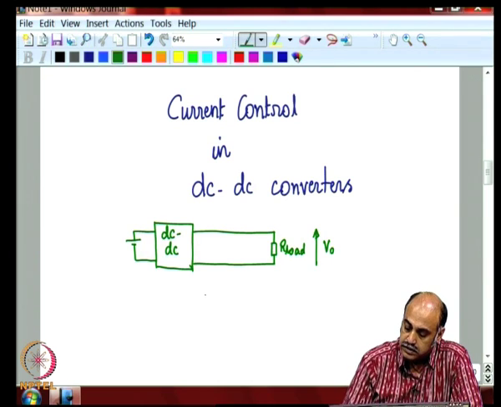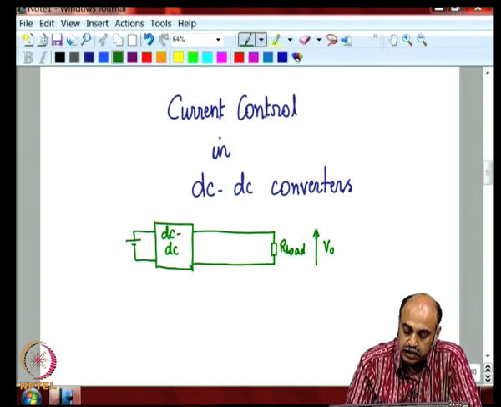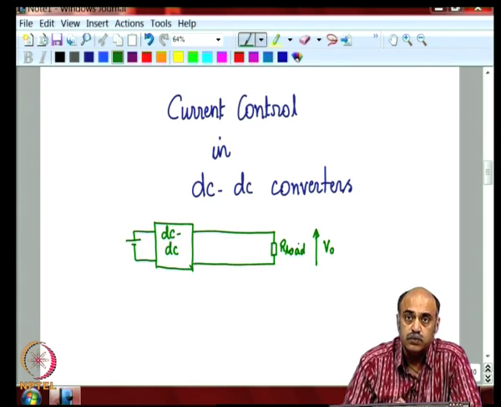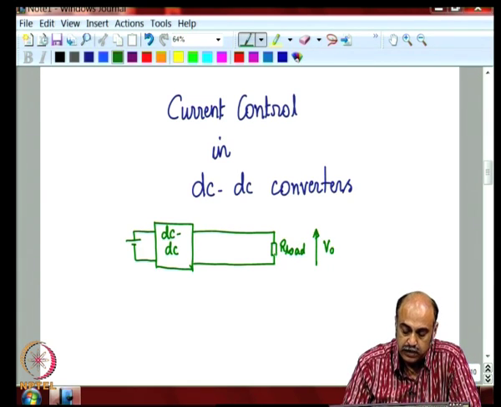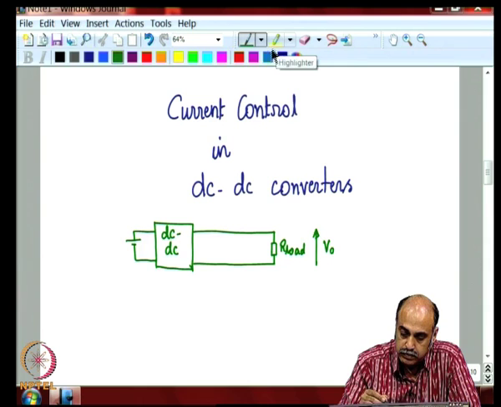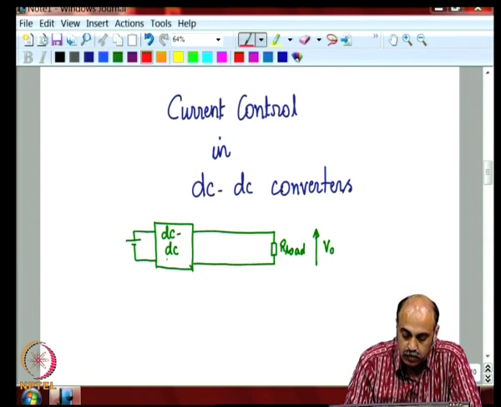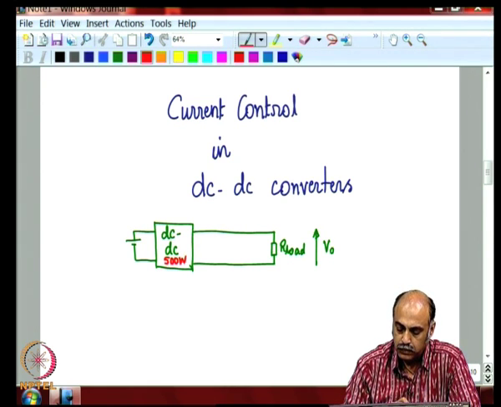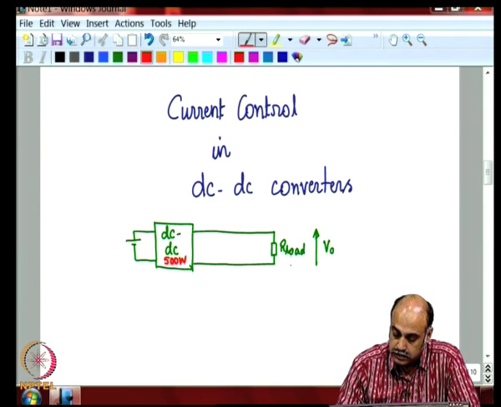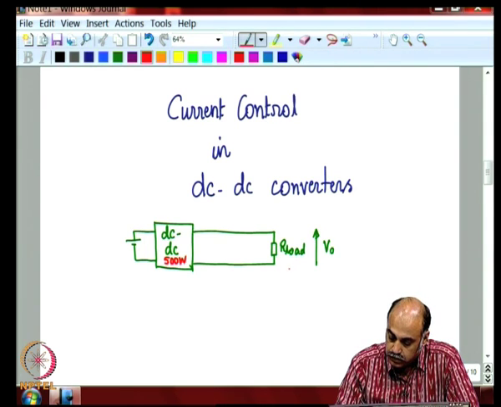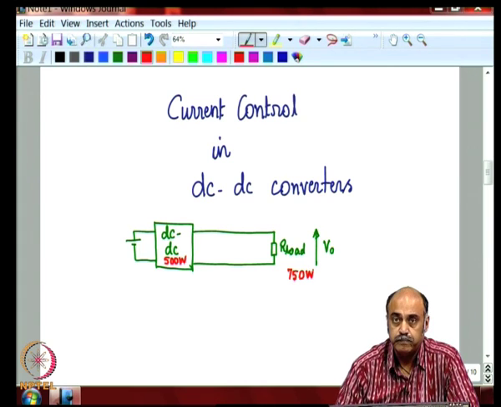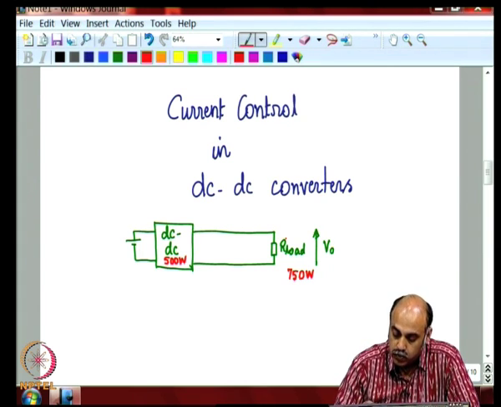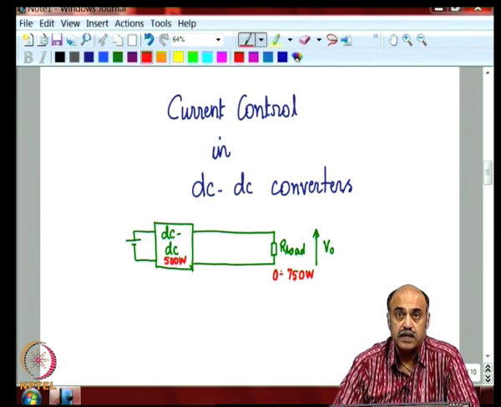Now, suppose let us say this particular power supply is not fully able to supply this load power. Load power can vary. Now, let us say this power supply has a maximum limit of, let us say, 500 watts, and let us say that you need 750 watts here. The load can swing from 0 to 750 watts.